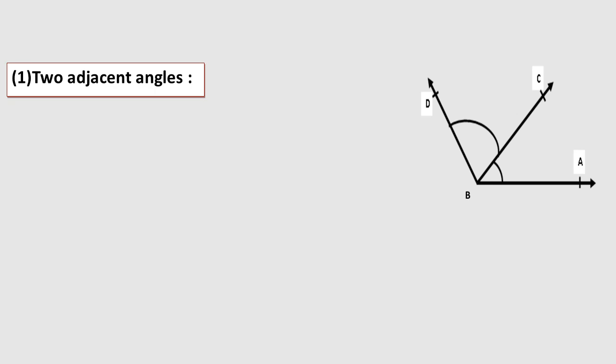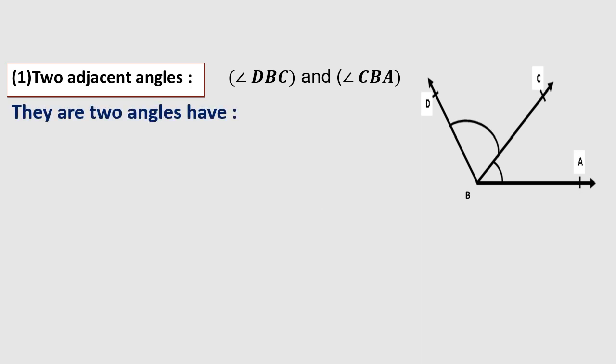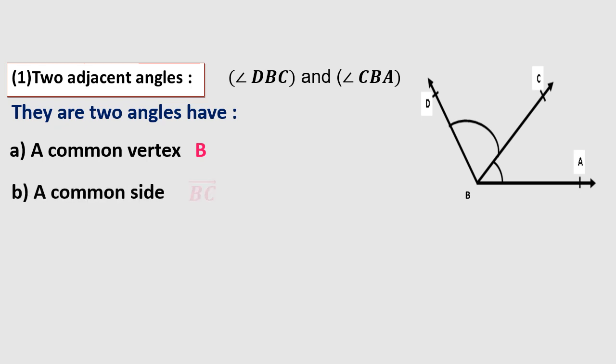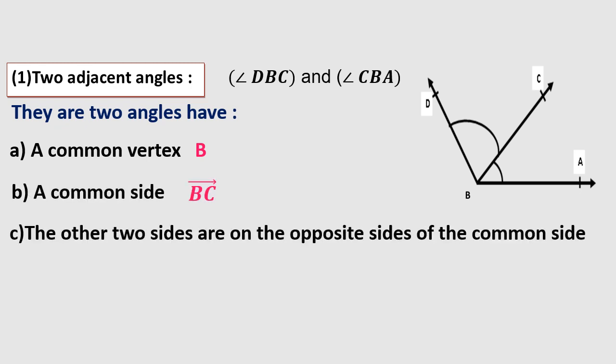Now we will start the relation between two angles. Number 1, two adjacent angles. For example here, ABC and CBD. Two angles, they are adjacent. They are two angles that have a common vertex B and a common side BC.